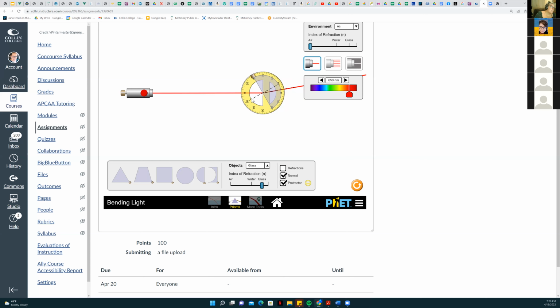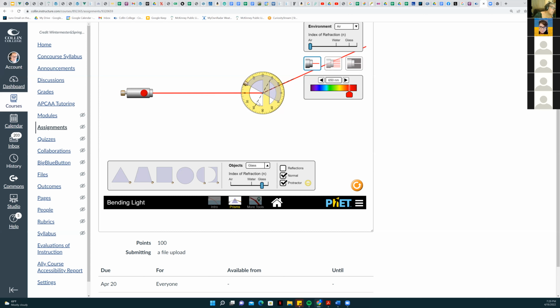So it's the angle measured, the counterclockwise 30s. Okay, so you're measuring from this angle. Technically, I haven't gotten it all the way to 60 yet.